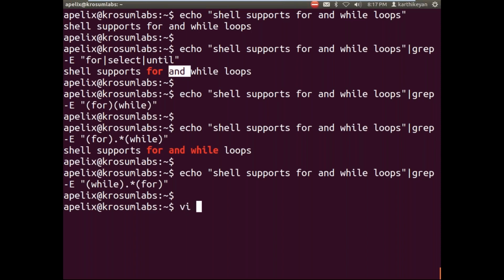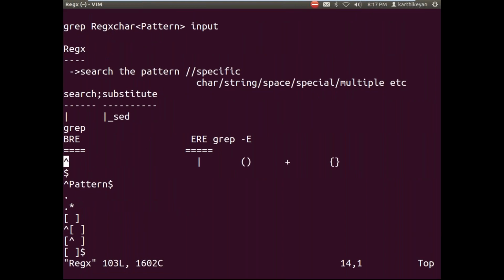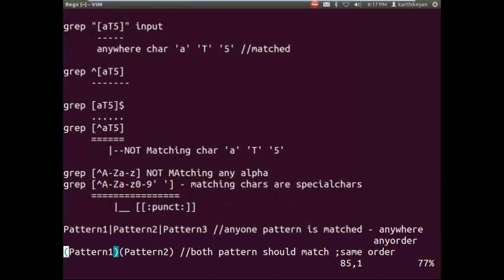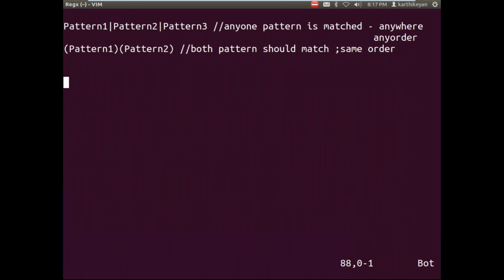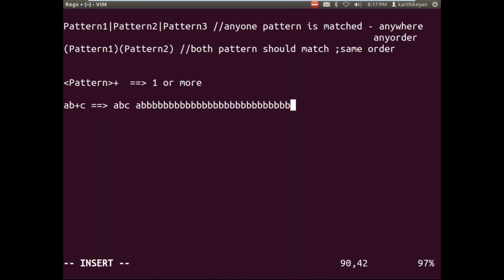Last one more, the plus symbol. The plus symbol's usage is one or more occurrences. One or more occurrences means any pattern you can write, with the pattern repeated a minimum of one time, maximum many times. So if I say A, B plus C, the matches are A, B, C or A, B repetition followed by C. All of it is matched.